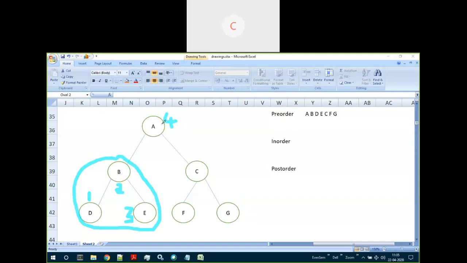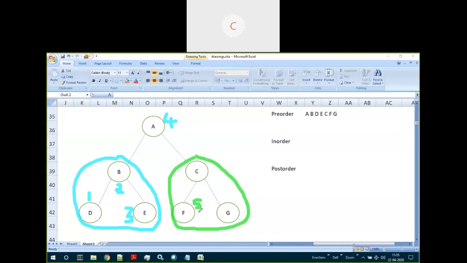The right child of A is C. C is also making a subtree here, so C will have two children, F and G. So C in-order means I have to first look into the left child of C. Who is the left child of C here? F. So the next element will be F. So at the fifth instance, I will be visiting F.